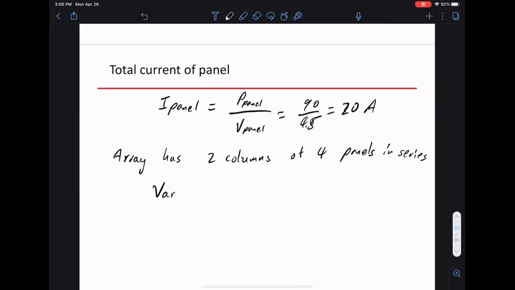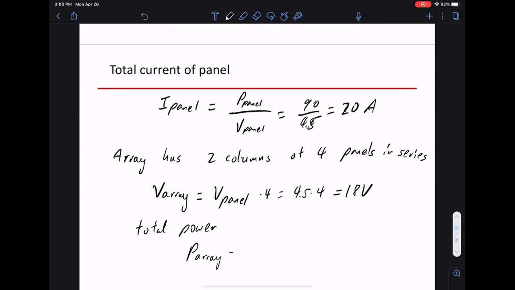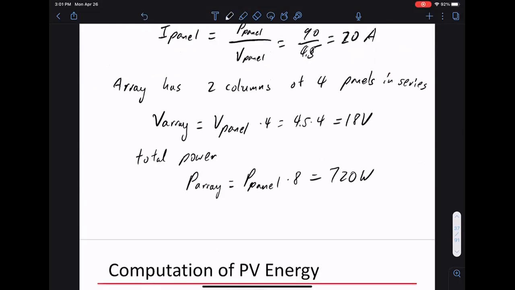The voltage of the array is the panel voltage, 4.5, times 4, so we have 18 volts. And then the total power for the array, you have 8 panels, so we get 720 watts. And then the current is simply power over voltage.